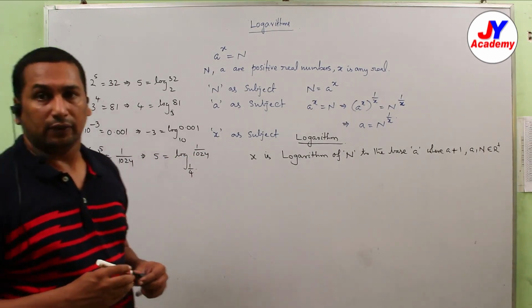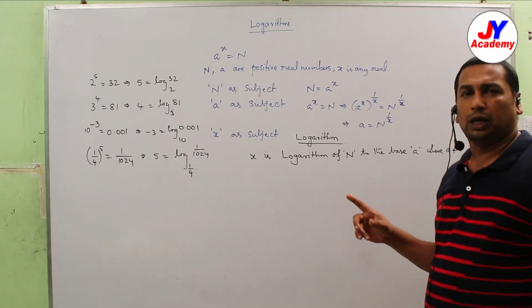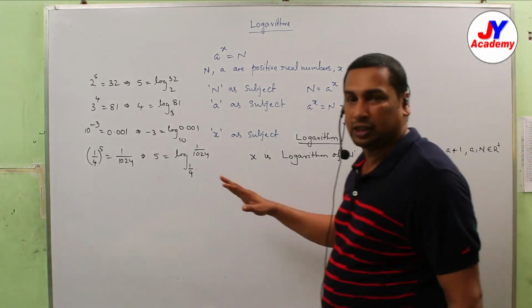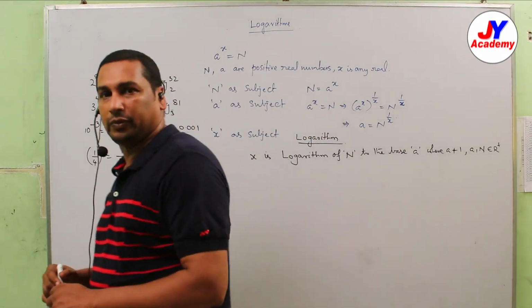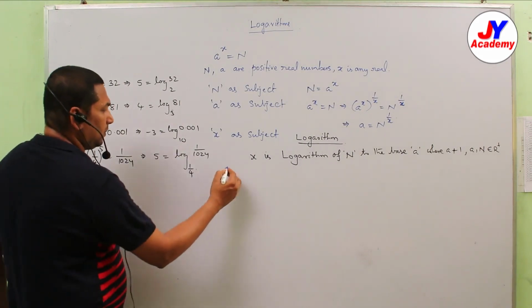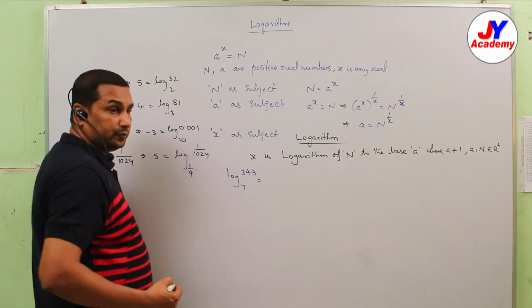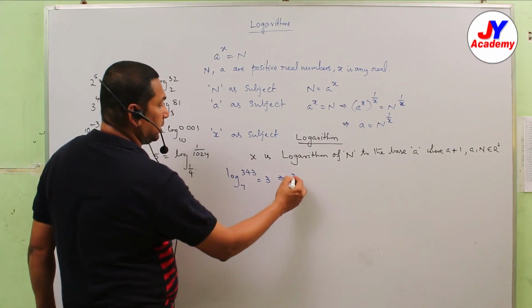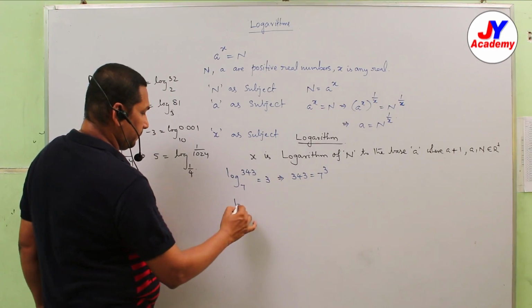So like that, if exponential form is given, we can convert into logarithmic form, or if logarithmic form is given, we can convert into exponential form. Suppose log 343 base 7 is equal to 3, then what is its exponential form? 343 is equal to 7 power 3.